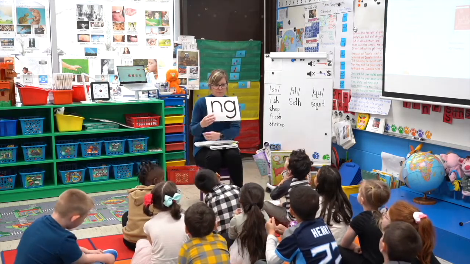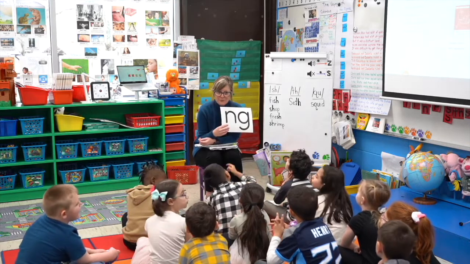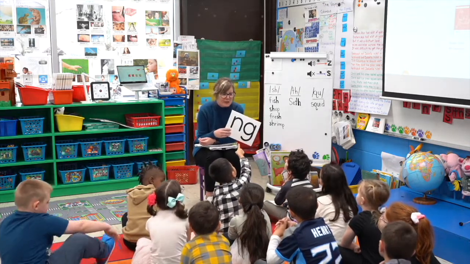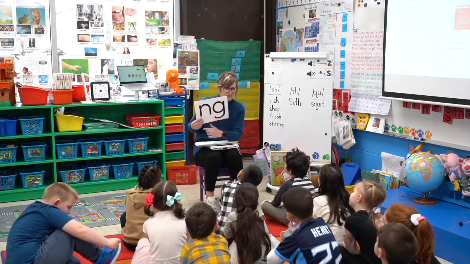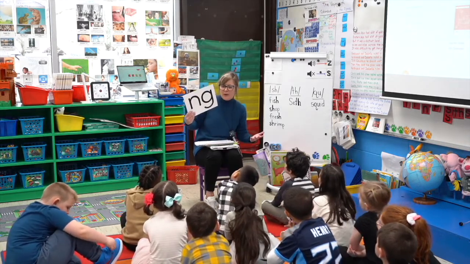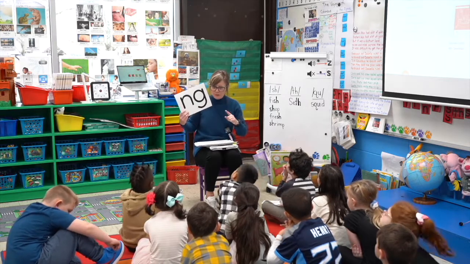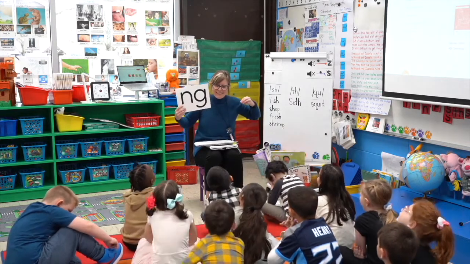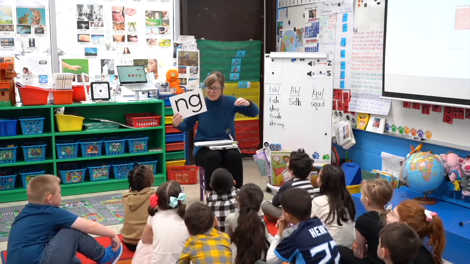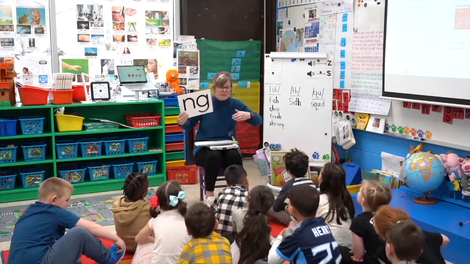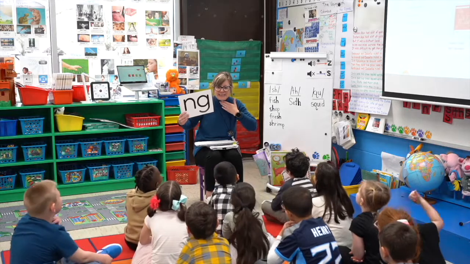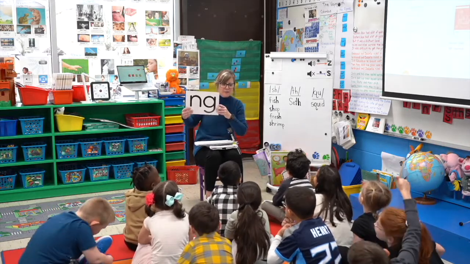But if there's an I, what do you say? And we also talked that if there is an I in front of it, we can just look at ING and say what? Ing. Right. Show me mouth position. Is it voiced or unvoiced? Feel it. It's voiced. If you can feel it, it is voiced.